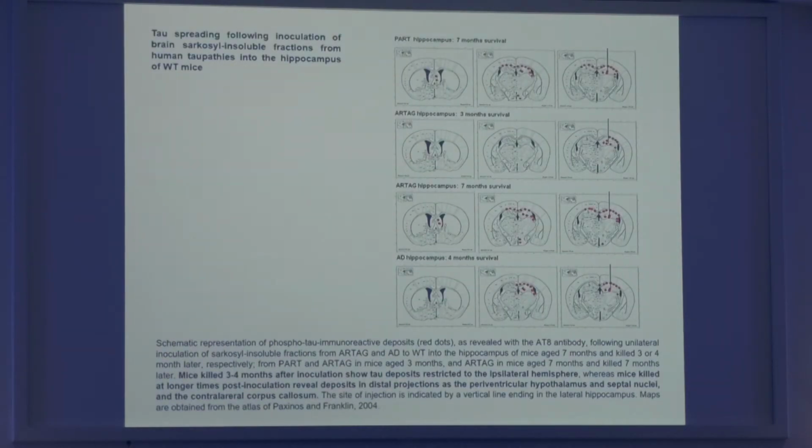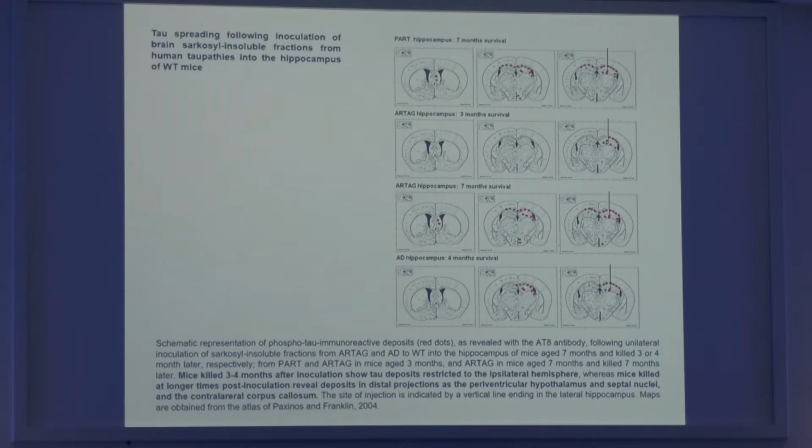Well, this is the tau seeding spreading following inoculation in the PART hippocampus following 7 months. We can see the spreading to the other part of the brain and in different distal regions.